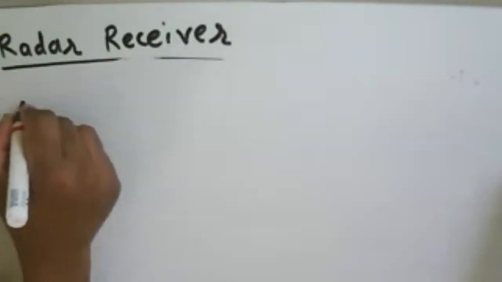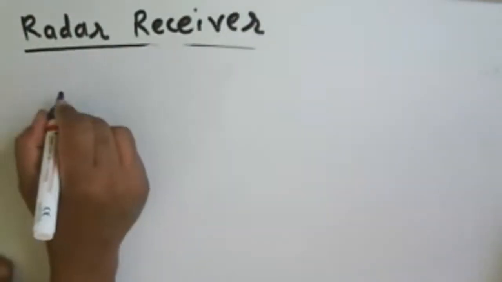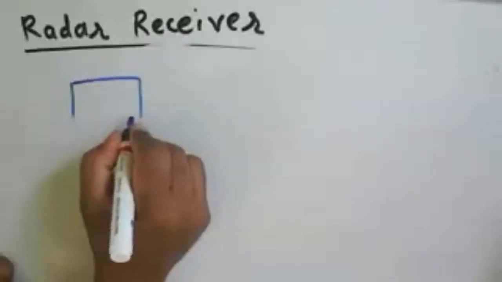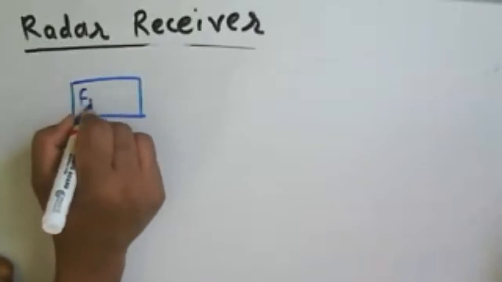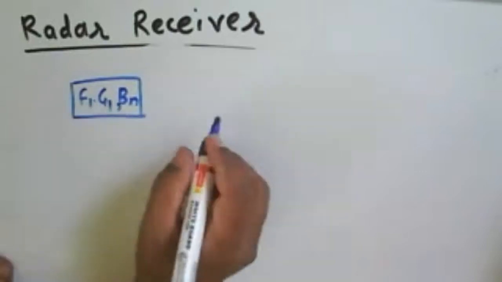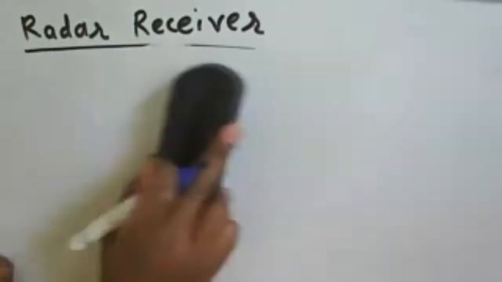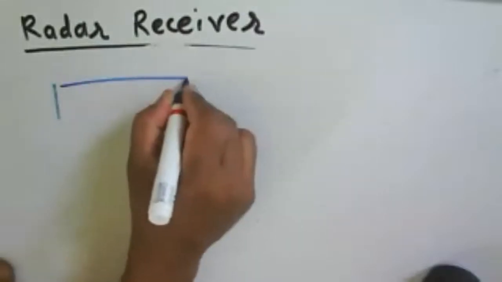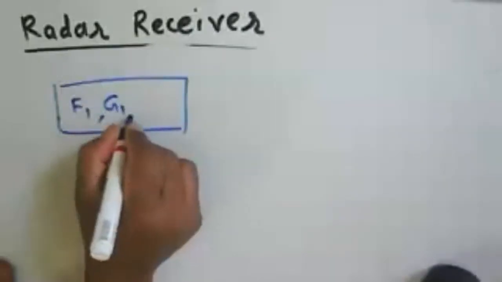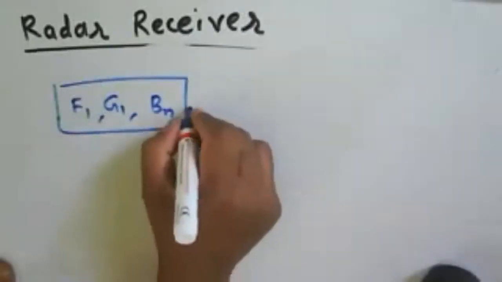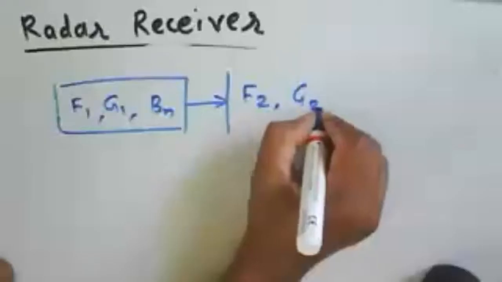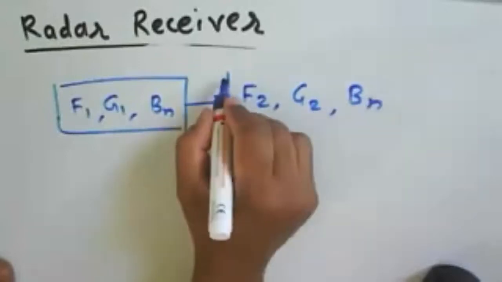If we have two networks in cascade, one with F1, G1, Bn, then F2, G2, Bn.